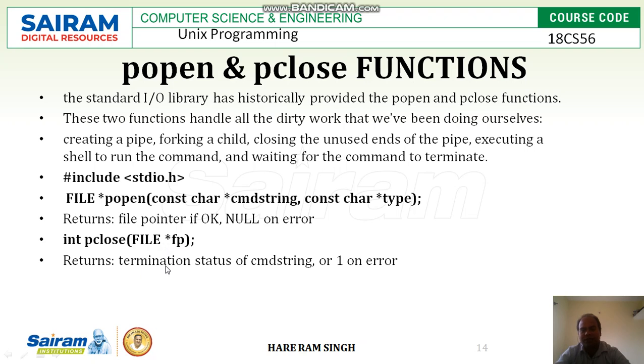It terminates and returns the termination status of the command string, because every command has some exit status when it executes. So pclose returns an integer value, which is the termination status of the command string, or -1 on error. If pclose doesn't execute successfully, it returns -1.